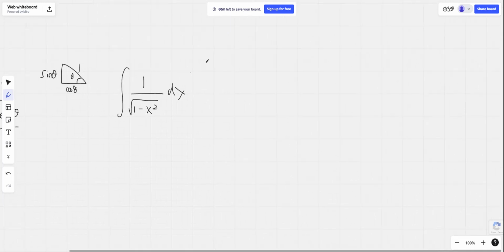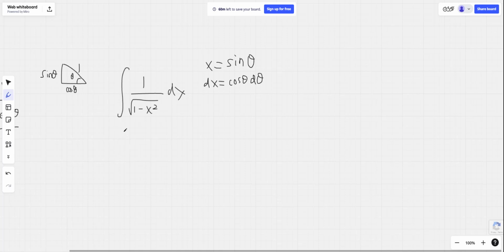So let's try something. Let's try the substitution x equals sine theta, and dx equals cosine theta d theta. Remember, we have to substitute both the variable and the differential.